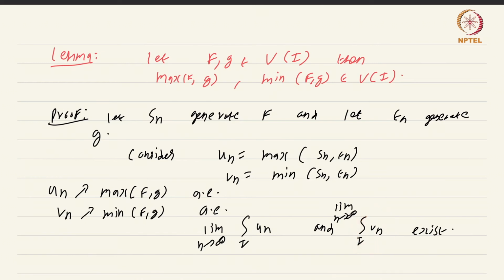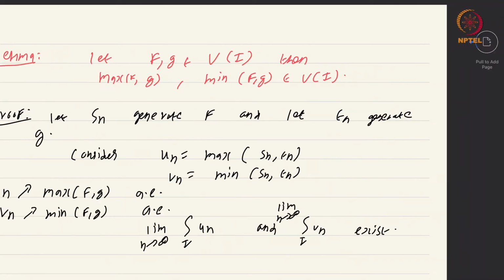And it's rather easy to see that this sequence is bounded above simply because vn is less than or equal to f almost everywhere. This just follows because vn is defined to be the minimum of Sn, Tn, and Sn is less than or equal to f almost everywhere. So because vn is less than or equal to f, it follows that the integral of vn is less than or equal to the integral of f.